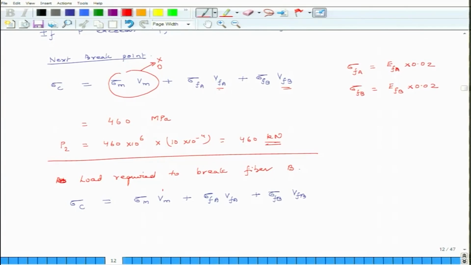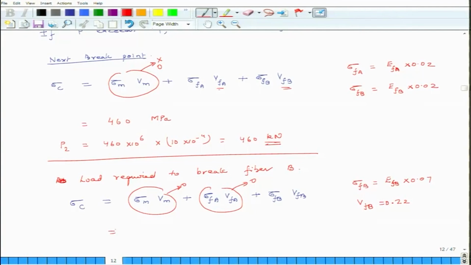Okay. But this is already 0. At 7% matrix is already broken, at 7% fiber A is also broken. So, the contribution from these two terms is going to be 0, and sigma Fb will be what? EFB into 7%, and VFB is how much? 22%.